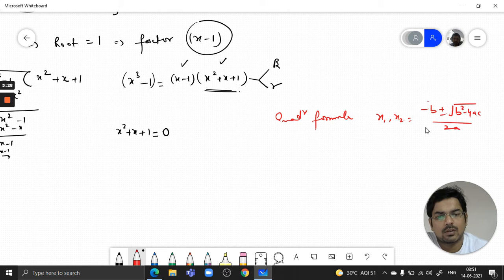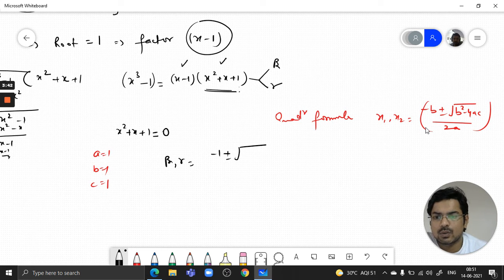We have a equal to 1, b equal to 1, and c equal to 1. So beta and gamma will be minus 1 plus minus the square root of minus 3, which we can write as square root of 3 iota.